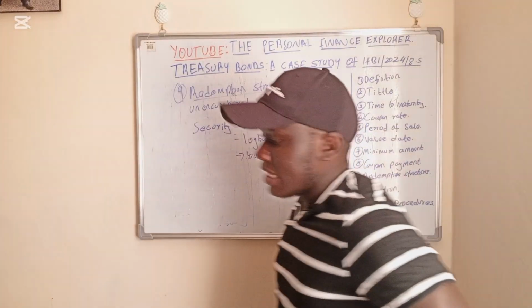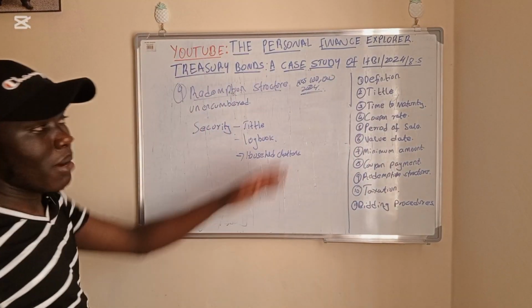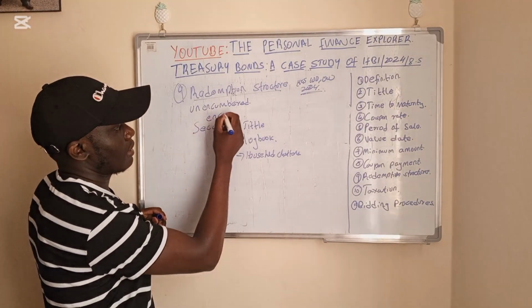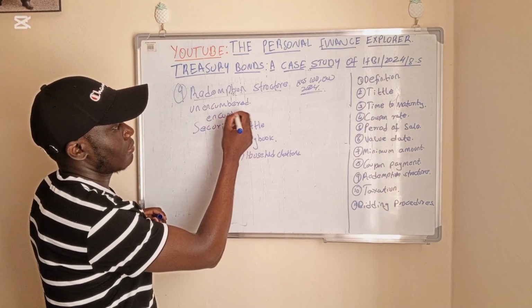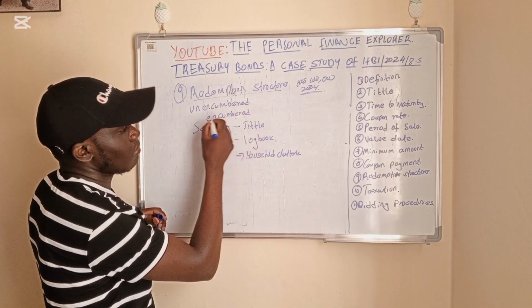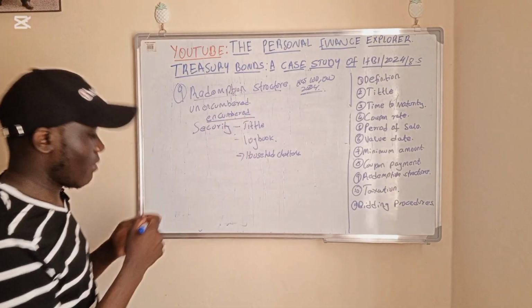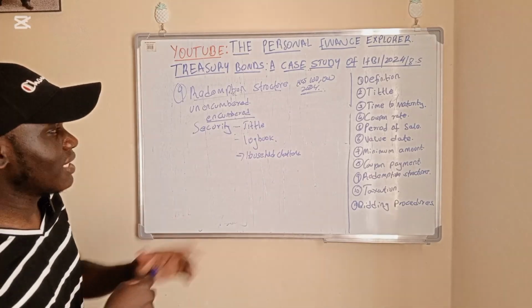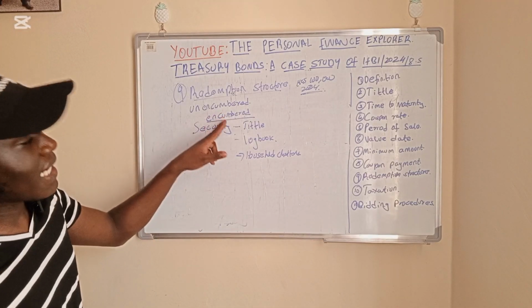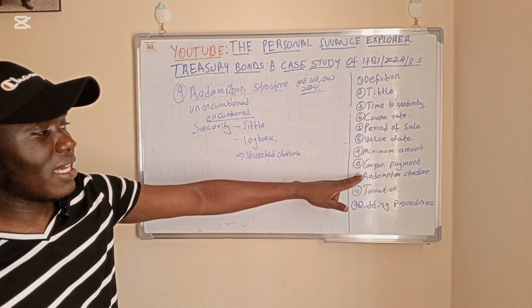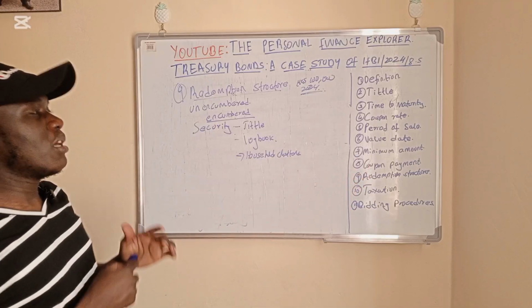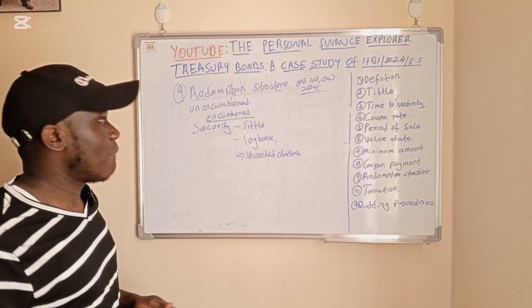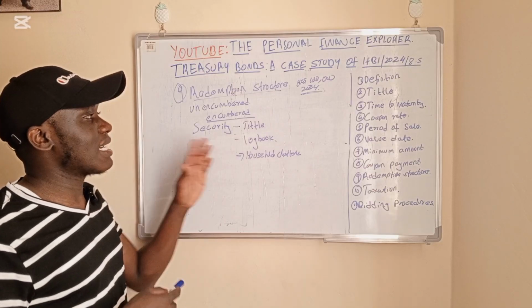So the moment you use your bond investment as security for a loan, it is said to be encumbered.